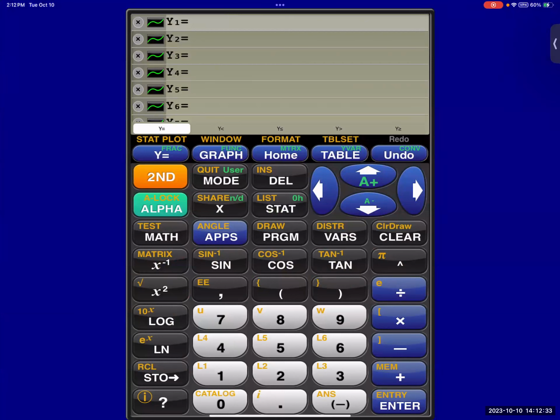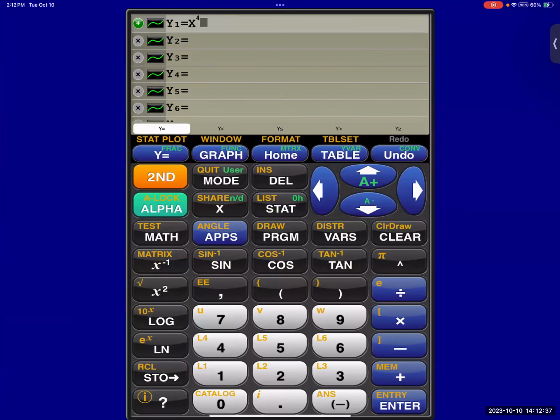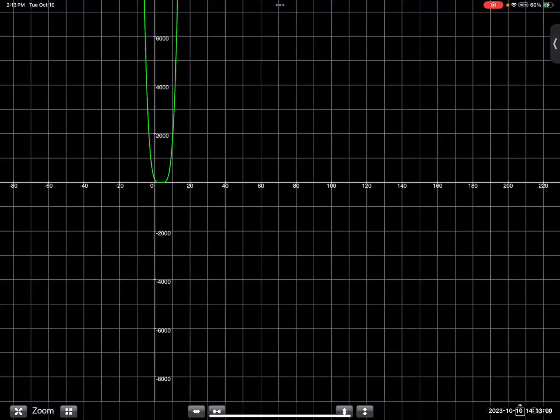So I have x to the fourth minus 14x to the third plus 71x squared minus 154x plus 120.